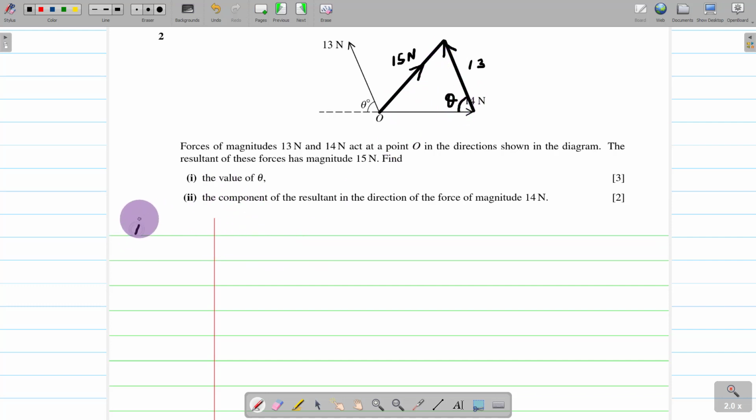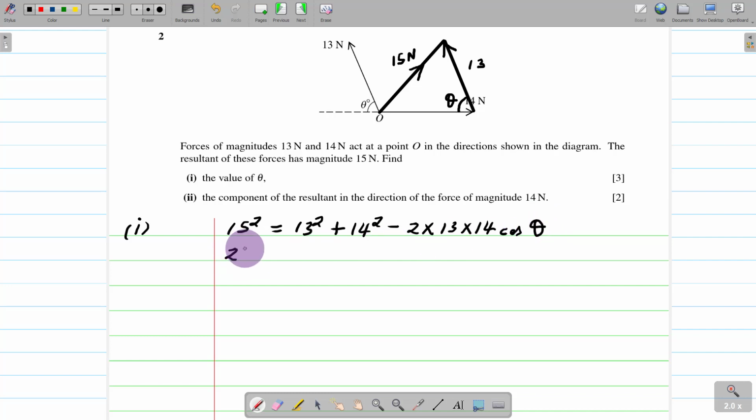And the cosine rule states that 15 squared, that is its application in this particular problem, 15 squared is equal to 13 squared plus 14 squared minus 2 times 13 times 14, then multiplied by the cos of the angle which is opposite the 15 Newton force, which is cos theta.